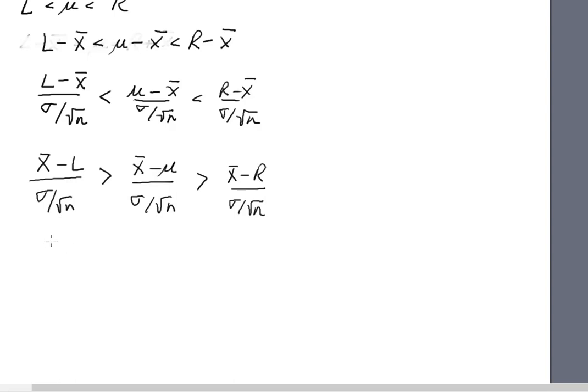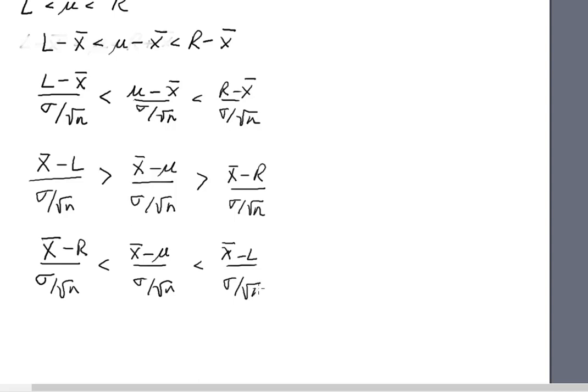Let's just write it in that way: x bar minus R over sigma square root n less than x bar minus mu over sigma over root n less than x bar minus L over sigma over root n.